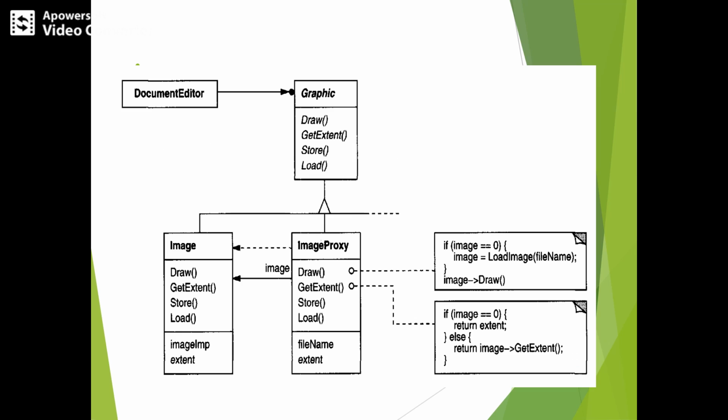So this is the actual diagrammatical representation, or structural diagram, of the motivational example. The extent lets the proxy respond to its size from the formatter without actually instantiating the image. Here is the class diagram, a more detailed illustration of this example. The document editor or the client will expect this.